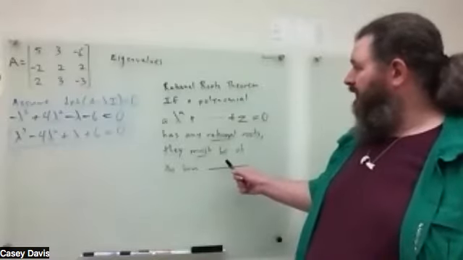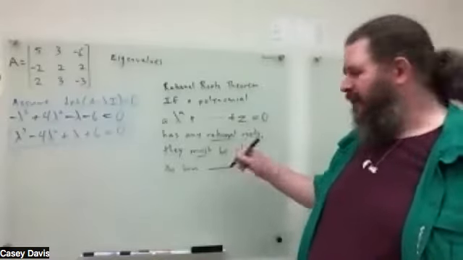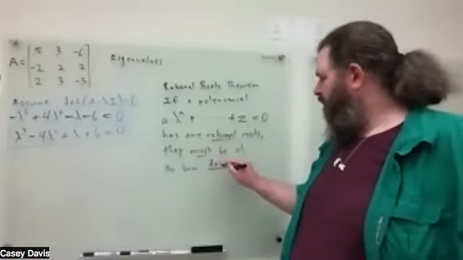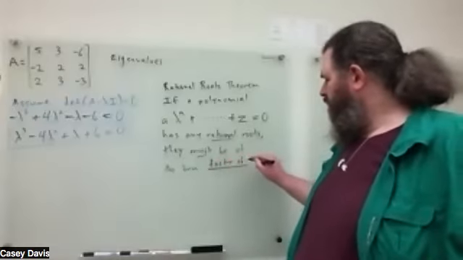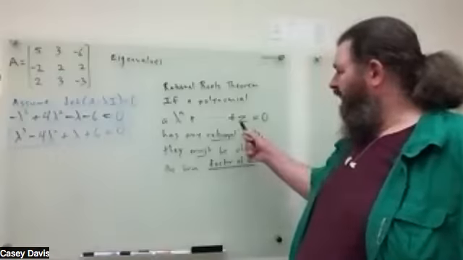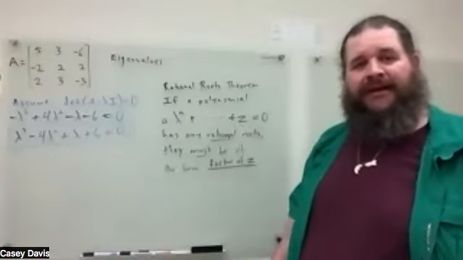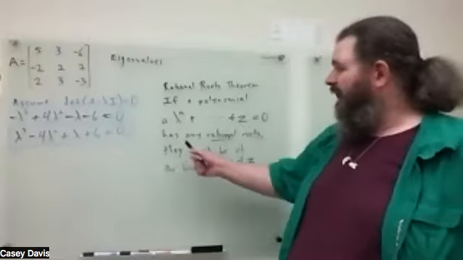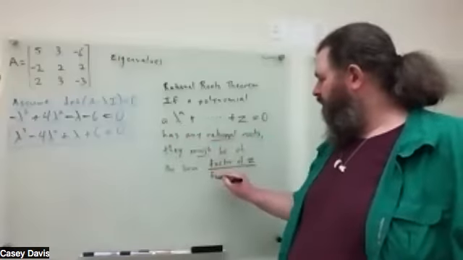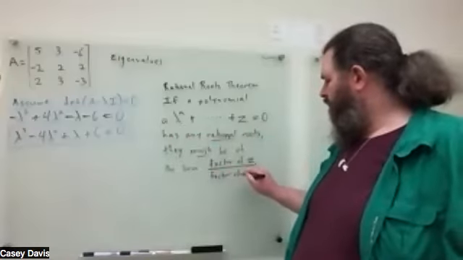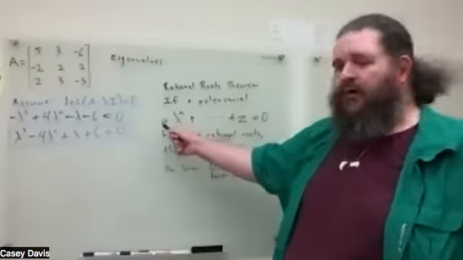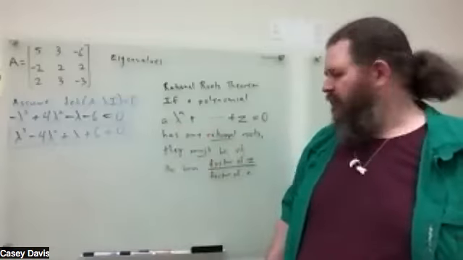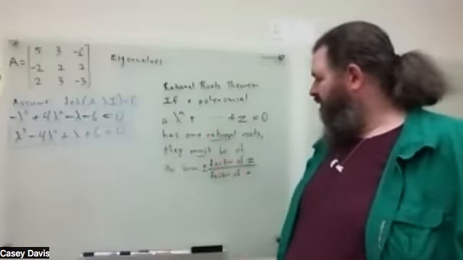The numerator is going to have to be a factor of z, that is, a factor of that final constant being added. And the denominator has to be a factor of a, that is the coefficient on the highest power of lambda. And they could be positive or negative.